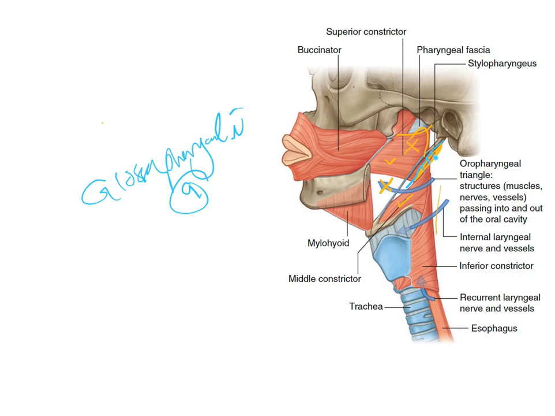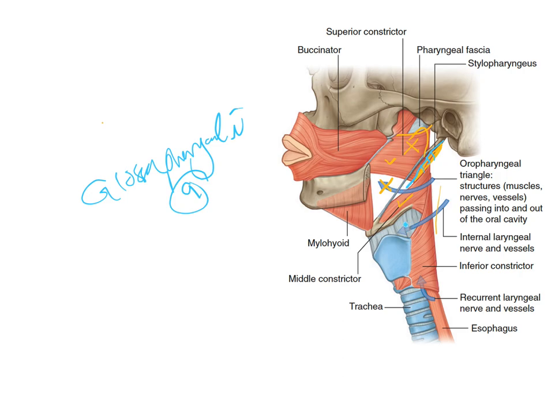That means until now we have two structures: stylopharyngeus and glossopharyngeal nerve, and also you see this ligament from the styloid process, not a muscle, it's a ligament, which is the stylohyoid ligament. Now this is about this gap. That means one muscle, one nerve, and one ligament.